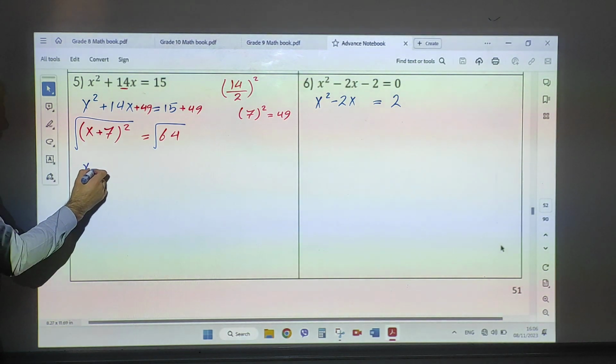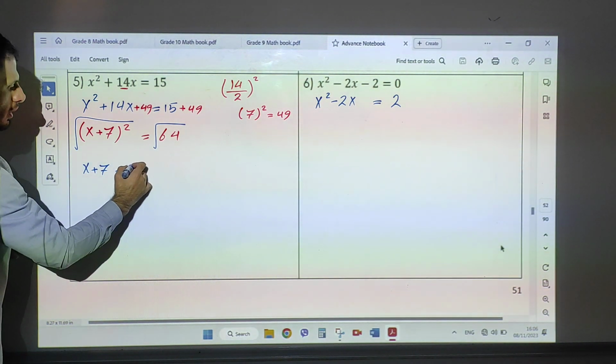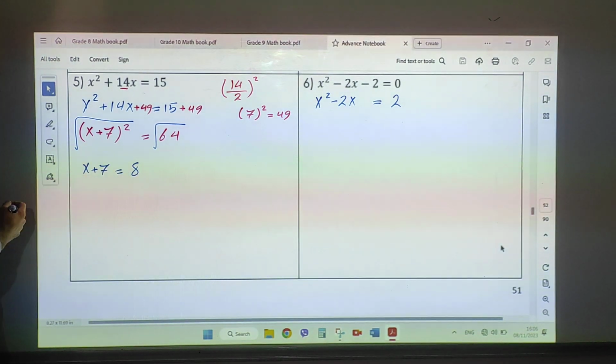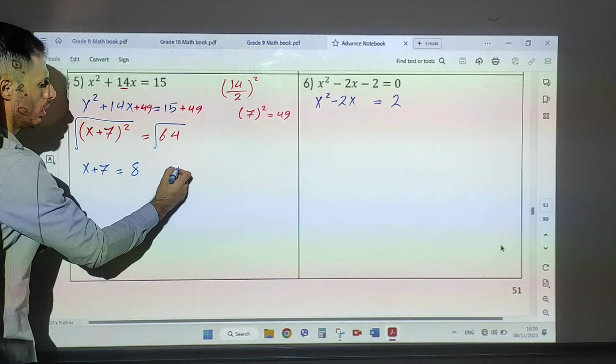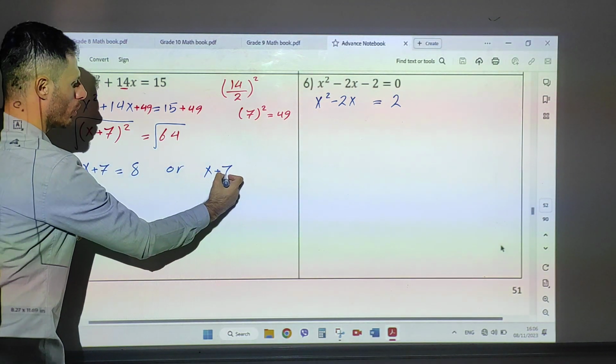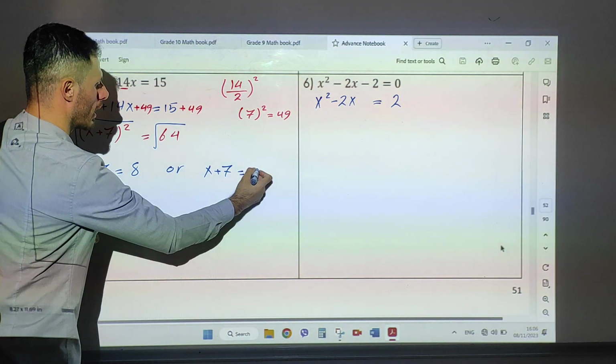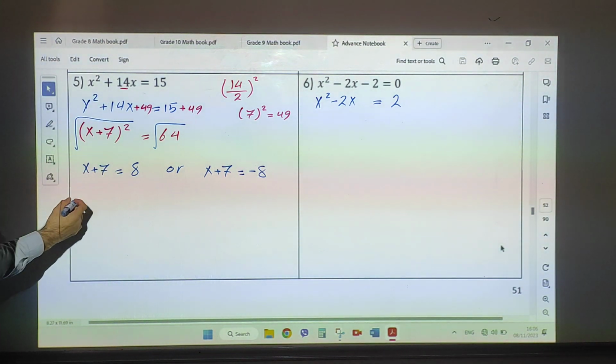You will get x plus 7 equals positive square root of 64, or x plus 7 equals negative of that number.